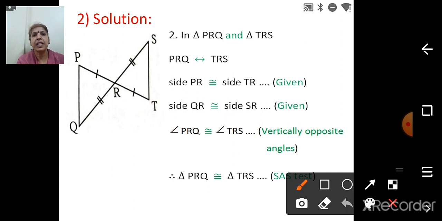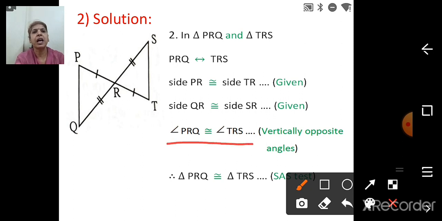Next is side QR. See the identical marking. And side SR. So side QR is congruent to side SR. The reason is given. Then vertically opposite angle. Which is that angle? Angle PRQ. So angle PRQ congruent to angle TRS. And we know vertically opposite angles are congruent.